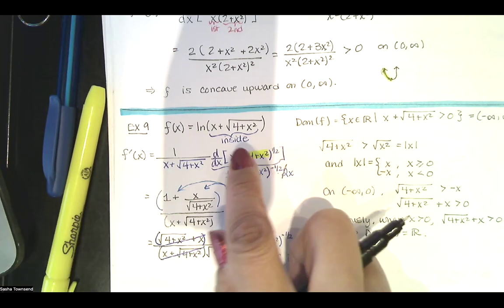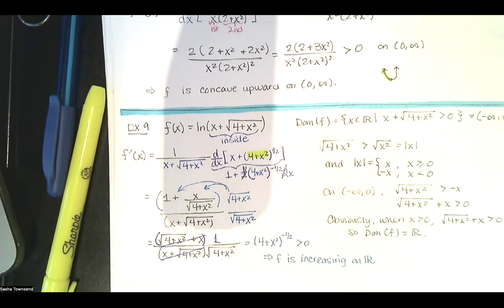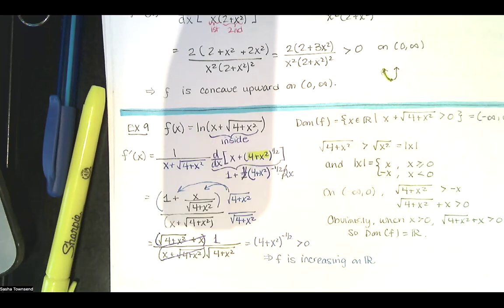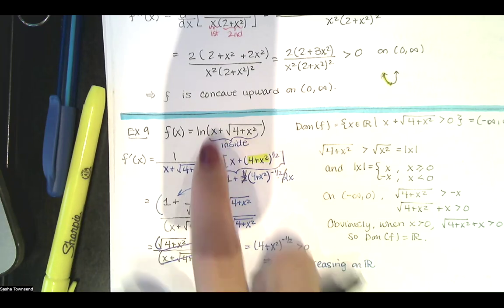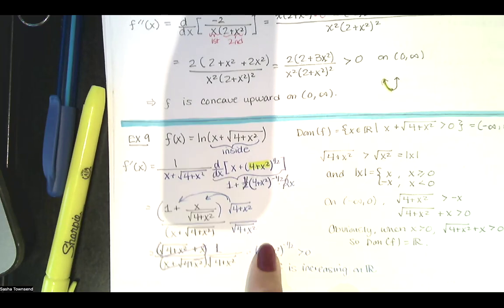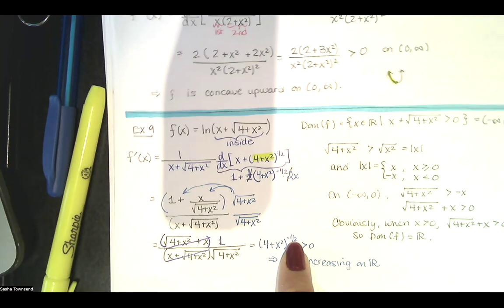You say, okay, well, what about concavity? If we're interested in when the graph is concave upward versus concave downward, we need to take the second derivative of this function. The second derivative involves taking the derivative of the first derivative, so we'll take the derivative again.